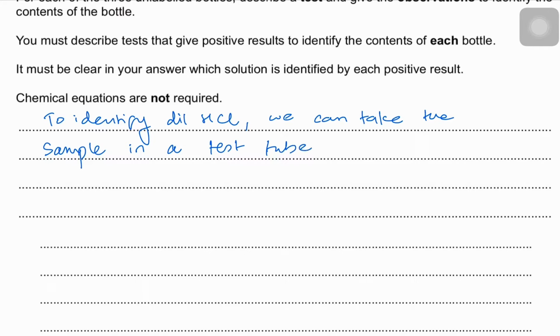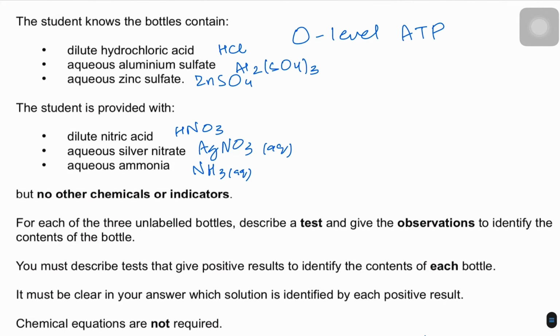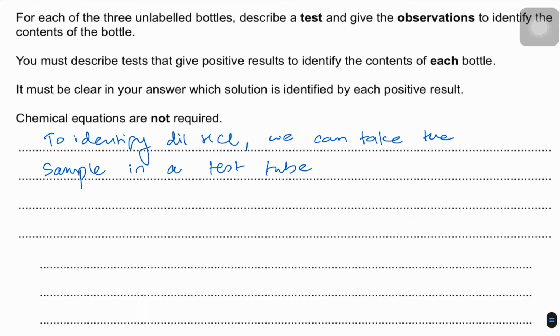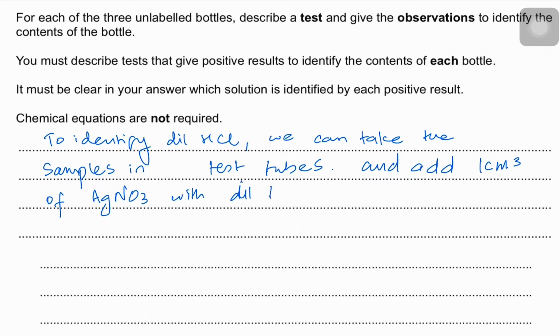Now you don't know which one is which, right? So you can say we are taking all three samples in test tubes and add 1 centimeter cube of silver nitrate with dilute nitric acid in each, because silver nitrate with nitric acid is a test for chloride.